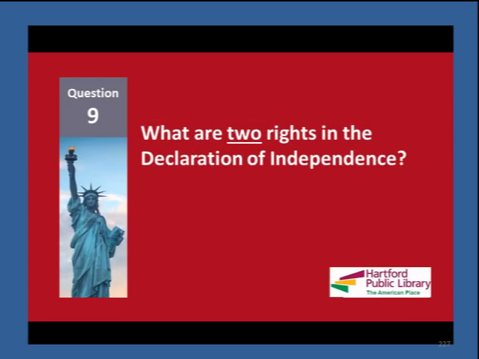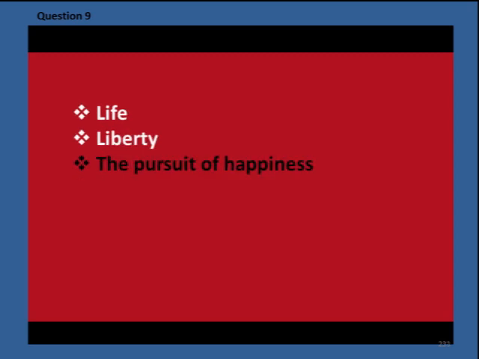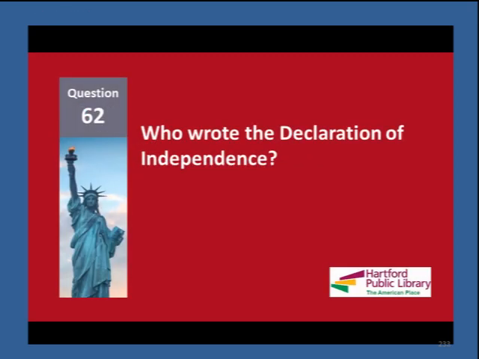Question 9. What are two rights in the Declaration of Independence? Life and liberty. Some rights in the Declaration of Independence include life, liberty, and the pursuit of happiness. Question 62. Who wrote the Declaration of Independence?